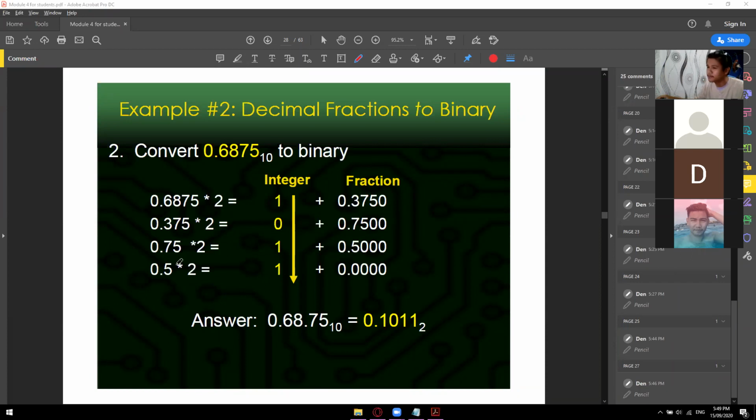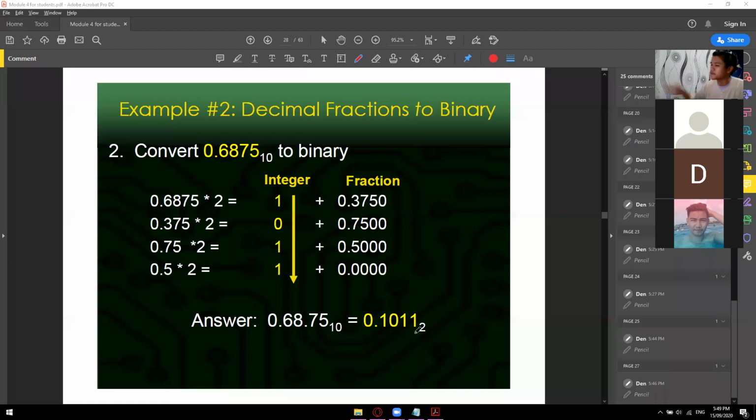Kasi 0.5 times 2 is 1, and having a result of 0 in fraction. So kapag 0 na yung sa fraction, that's the time that you will stop multiplying. Whatever is lined up here in the integer part, just get it from top to bottom. So you will have an answer of 1011 or 0.1011 base 2.